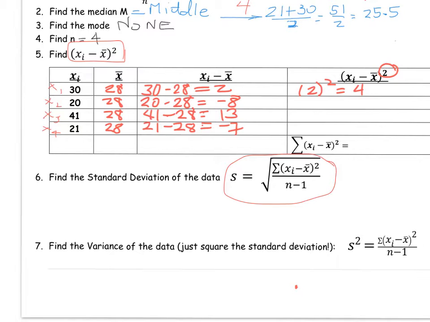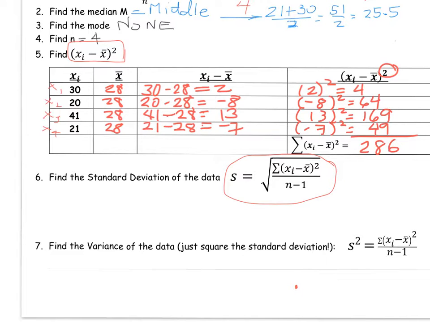I'll be squaring negative 8, and I'm putting it in parentheses because negative 8 squared is a positive 64. 13 squared is 169. And negative 7 squared is 49. Let's add up these 4 numbers, and you should get 286 as your total.